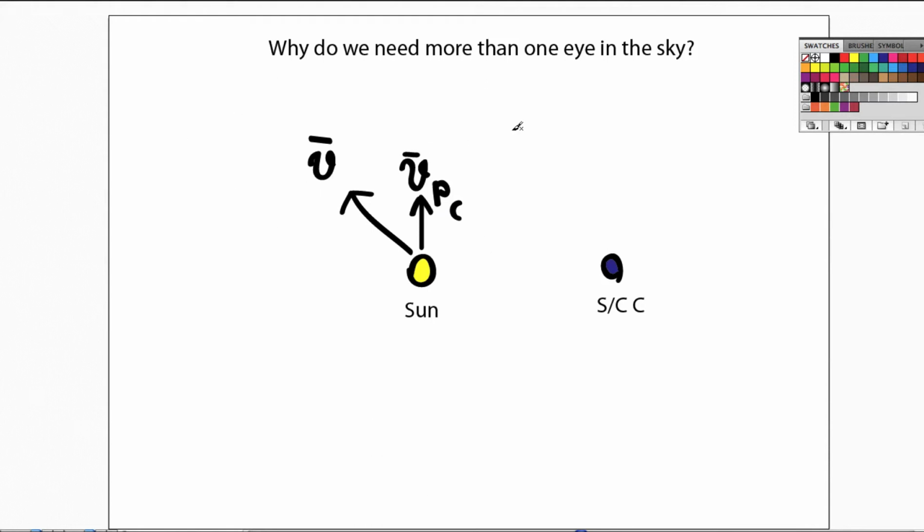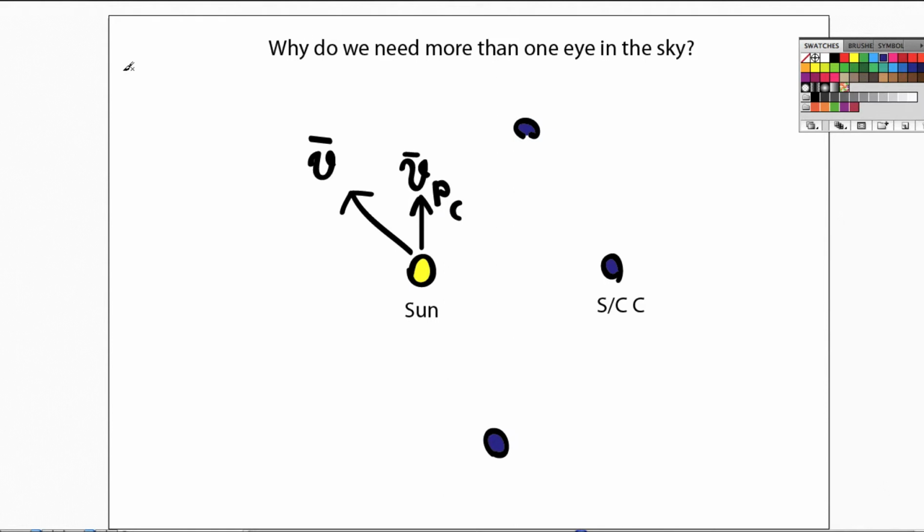We'll do that by adding a couple more spacecraft to our schematic illustration. Let's put one here, and some color for that, and then let's draw another one about here, with some color for that also.